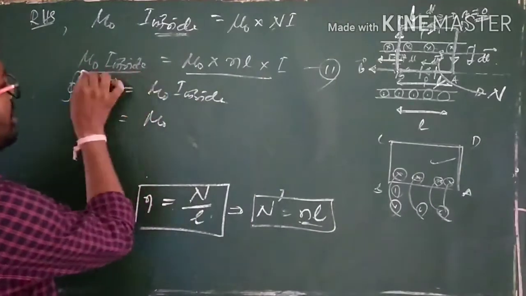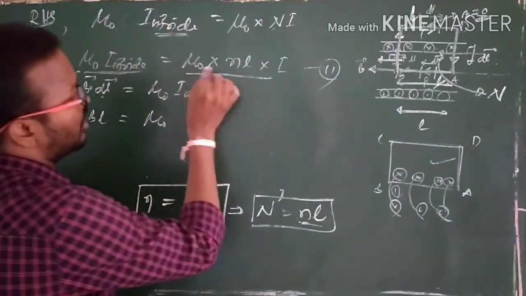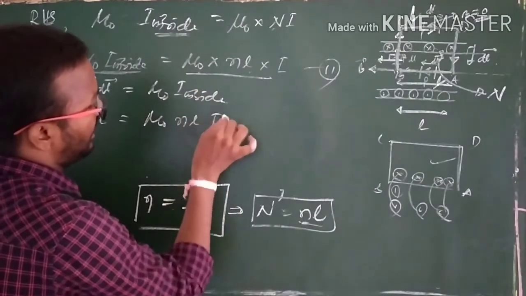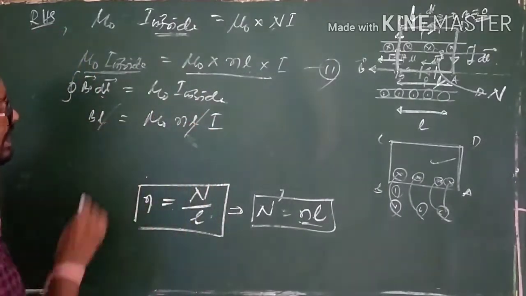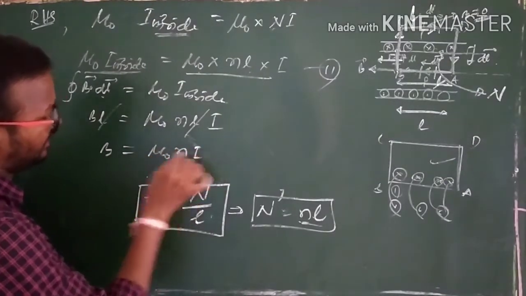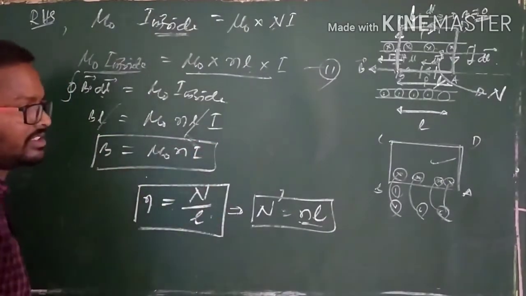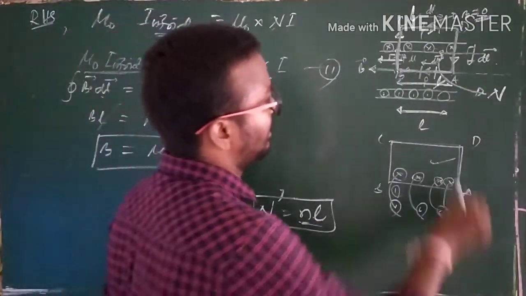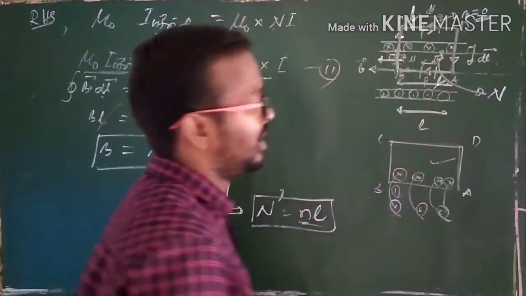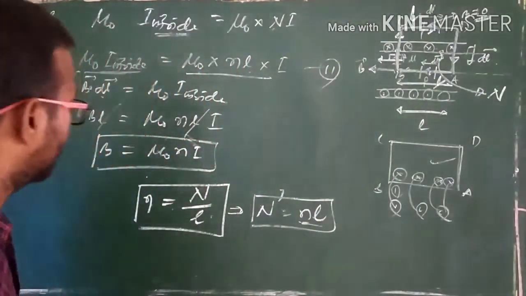So in place of mu naught I inside, we can write mu naught n L I. L and L cancel. So B equals mu naught n I, which is the magnetic field strength inside the ideal solenoid, or on the axis of the solenoid.